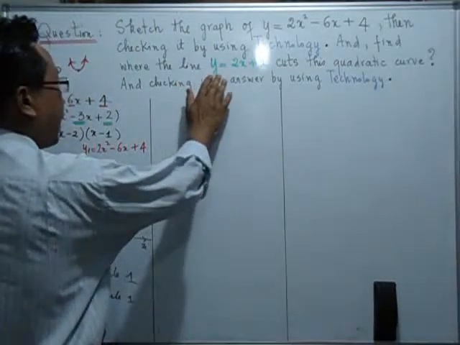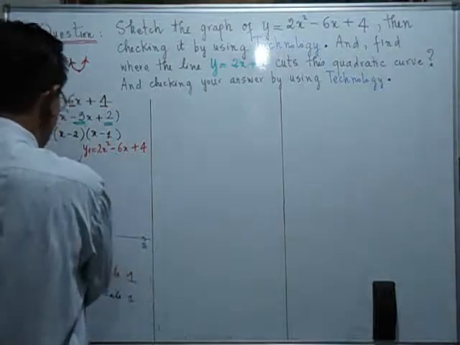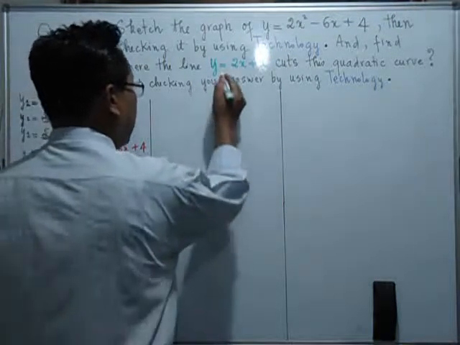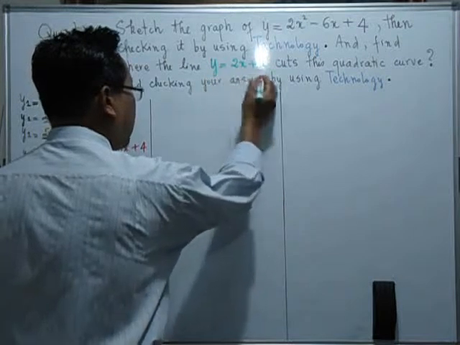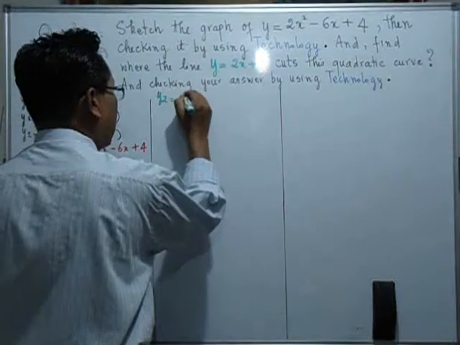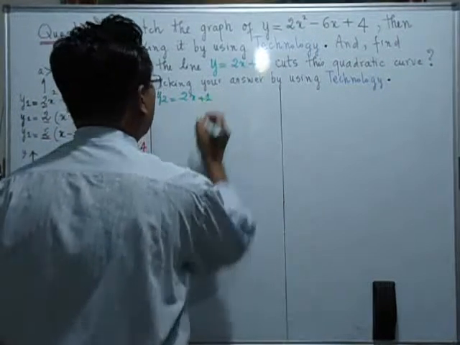Now we have to find where the line y equals 2x plus 1 meets this curve. So we let this straight line y2 equal 2x plus 1.